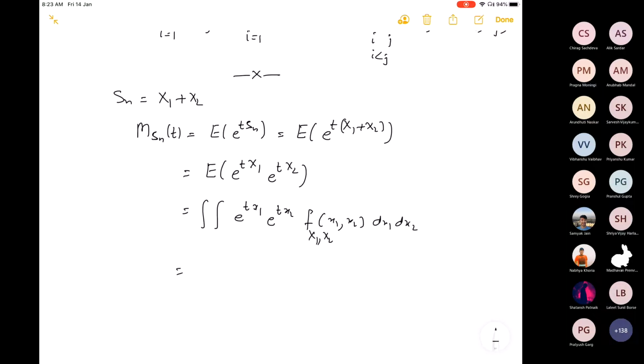Excuse me, sir. Yes. Initially we took that x1, x2, ..., xn are independent, no? So we can take directly E of e power t x1 into E of e power t x2, equal to E of e power t x1 into E of e power t x2.